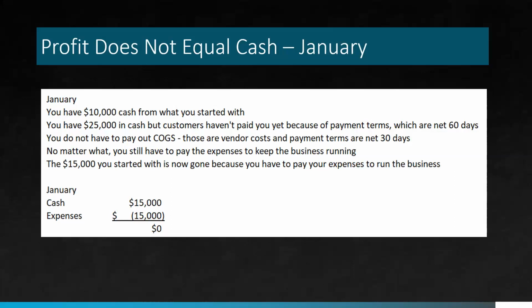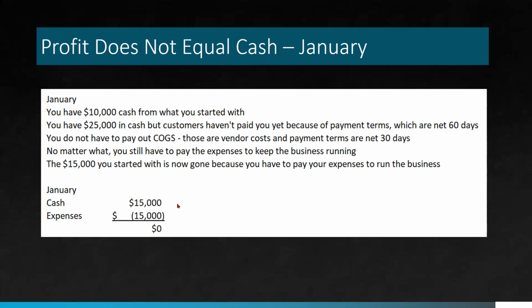Now, the operating costs, no matter what, whether I brought a penny into the business or not, you still have to pay those expenses to keep the business running. You have to pay your rent, you have to pay your utility bills, you have to pay your phone bills. So now the $15,000 that you started with is gone, because you have to pay out expenses to run the business.